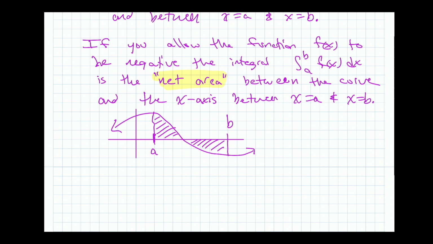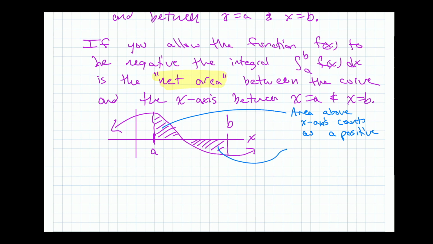The area above the x-axis counts as a positive number, and area below the x-axis counts as negative area.